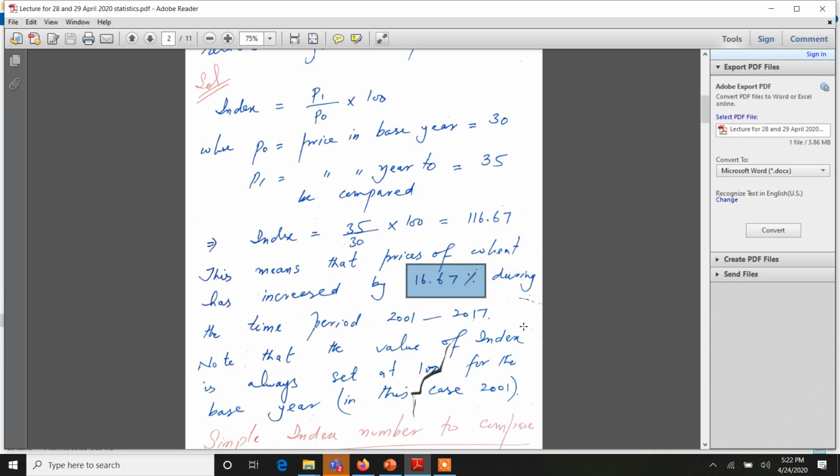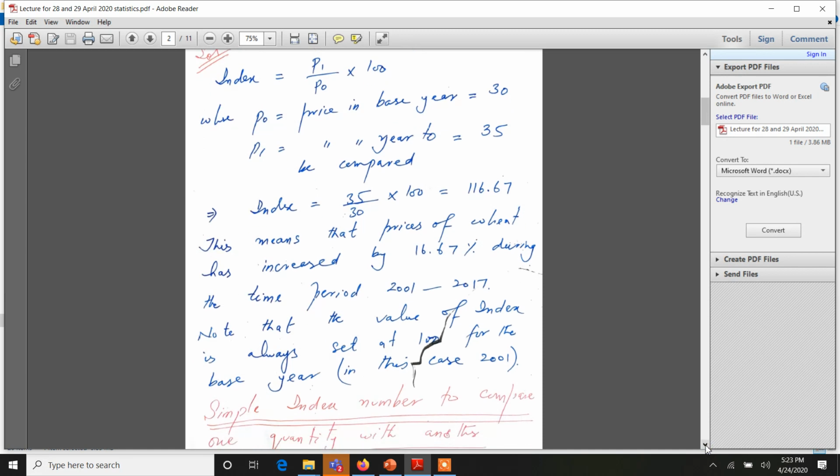In the base year, the index number is always considered as 100. So as compared to 100, for 2017 the index is 116.67. Therefore, we have a 16.67% increase in the price of wheat.